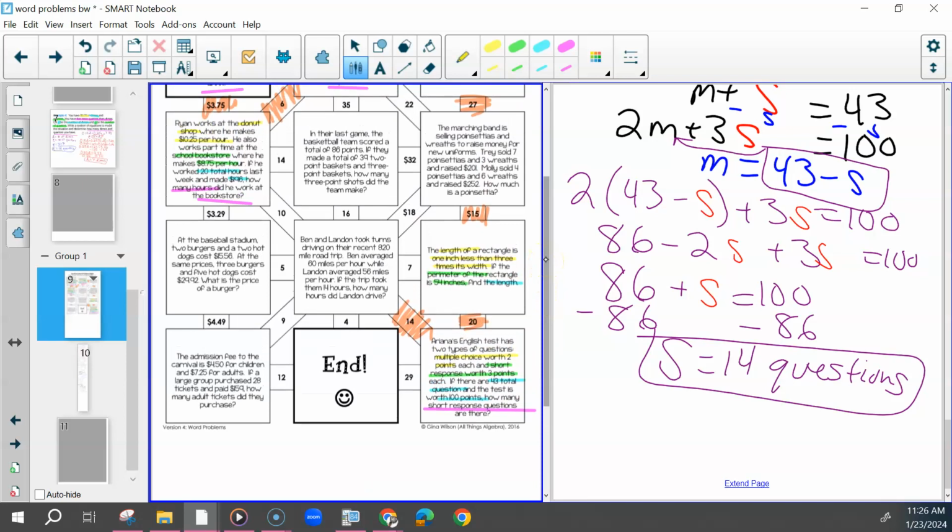We know we can't go backwards, so it's not going to be 10 or 16 or 18 or 7.